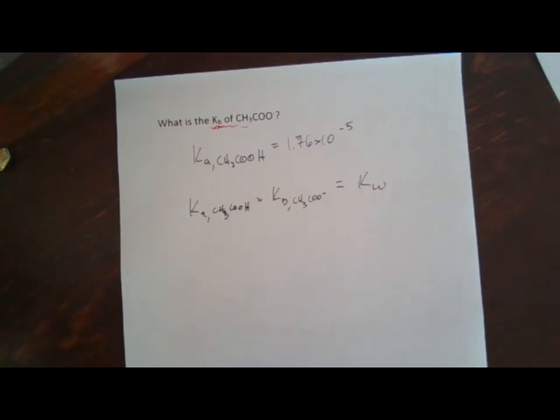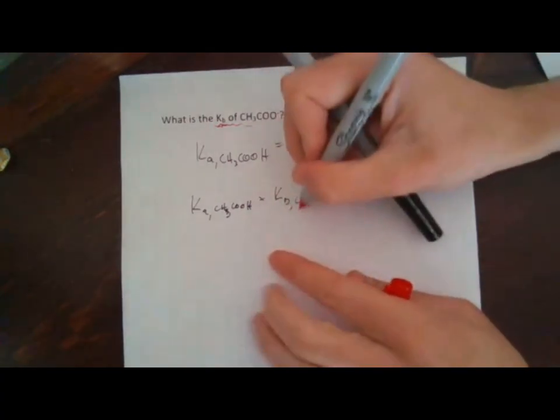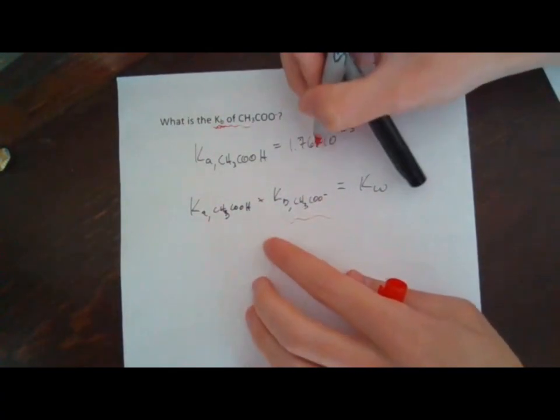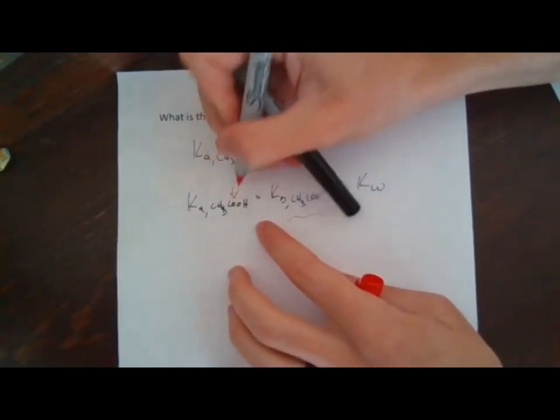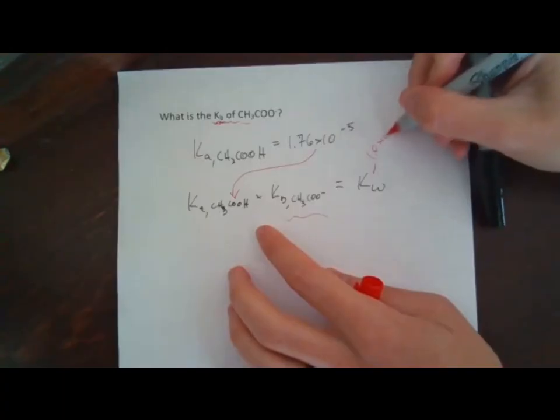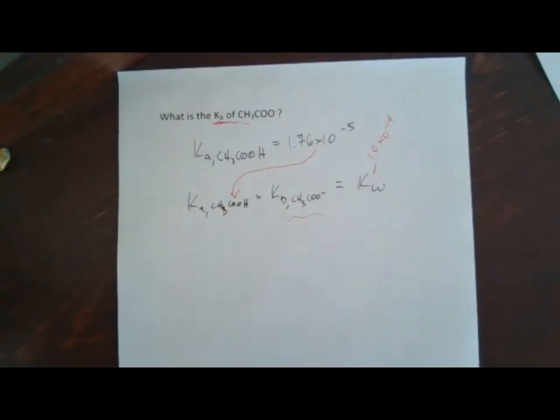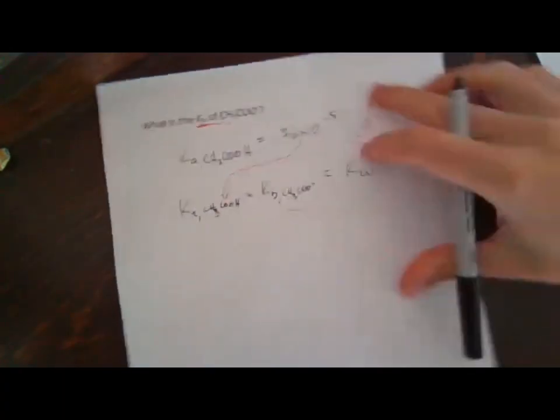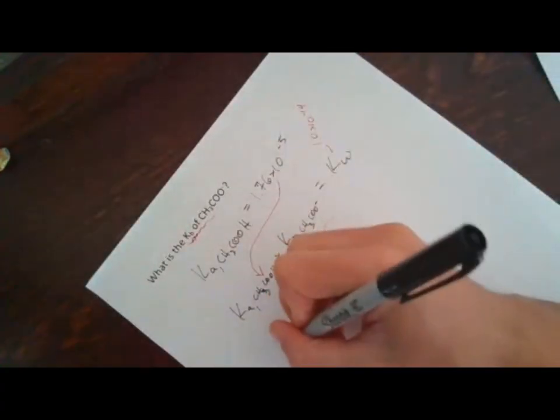So what we can do is take this value and plug it in there. Kw we can look up, or we know, is 1.0 times 10 to the negative 14th.